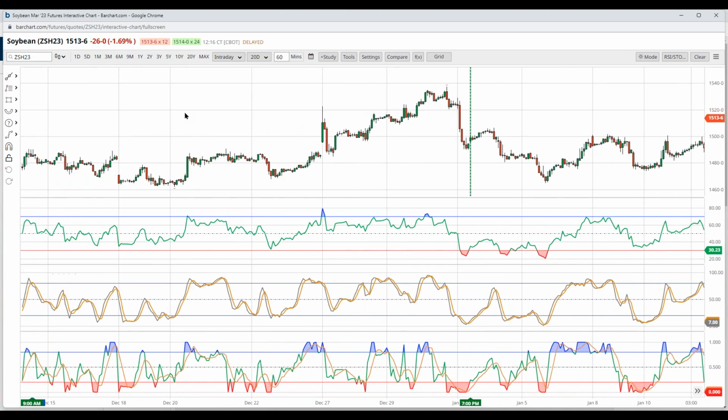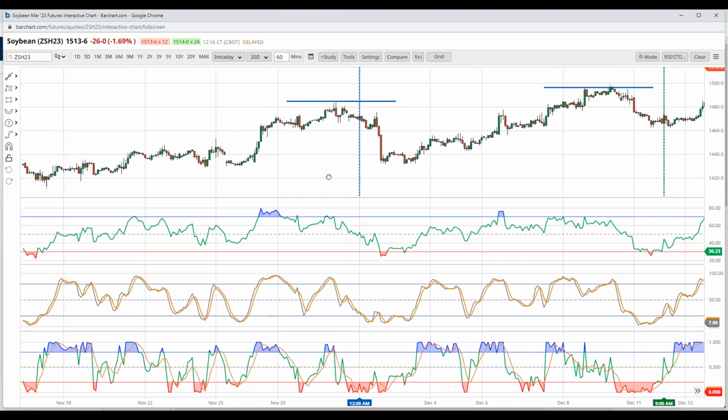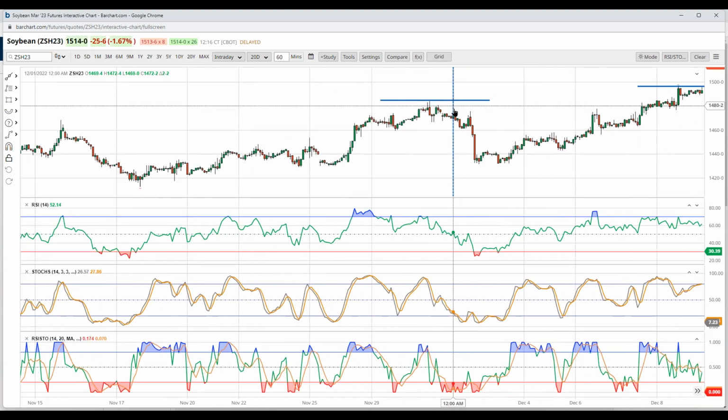All right, so let's go back in time. And here we are. Here's our blue line that represents the day our futures trading guide indicated that buy signal. Now, if you look up over here to the left, it does say December 1st, but this was at midnight, as we move from December into December 1st.